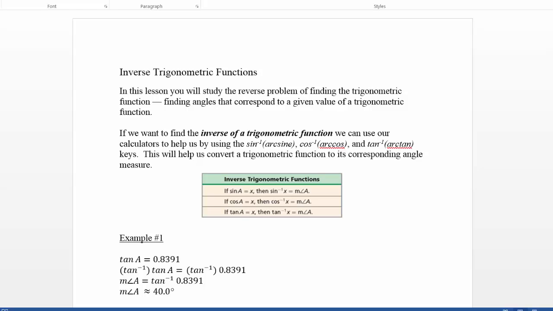So if we think back to a number of different things that we've done in past mathematics, we have used what we call an inverse multiple times. If we said 2x equals 16, we could divide by 2, or we could multiply both sides times 1/2.